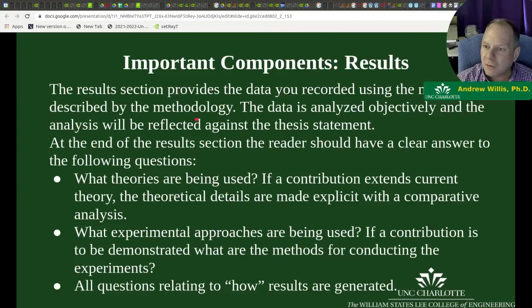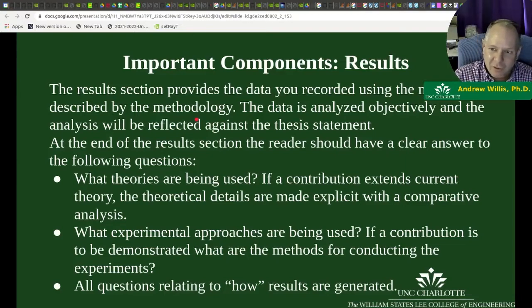Okay, so you analyze your data objectively, and the analysis is reflected against a thesis statement. At the end of the results section, the reader should have a clear answer to the following questions. What theories are being used, and more specifically, how does your contribution change the state of academic knowledge?